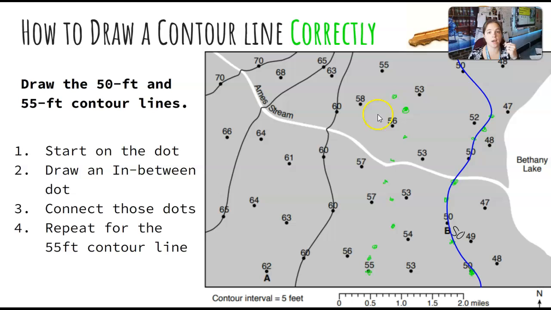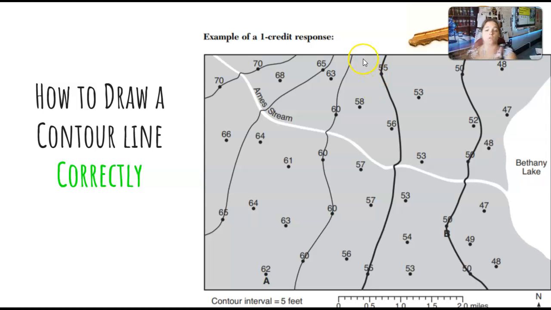Those are all 55s, and then I connect the dots. So this is a Regents style question. This is what was on a Regents question, and this is the example of the response that we would get to grade it. And if we superimpose yours, they look pretty darn similar, and you would get the credit.